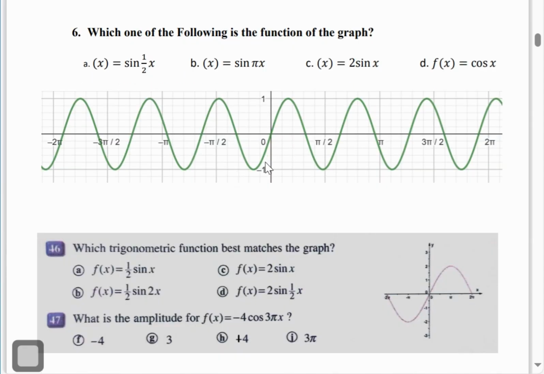For this graph, as you see, this is the graph of sine, so branch D is not true. First, we are going to look at the amplitude. The amplitude is 1 here. So this is 1, and also that one is 1. Branch C is 2, so C is not true. We are going to look at these two amplitudes.